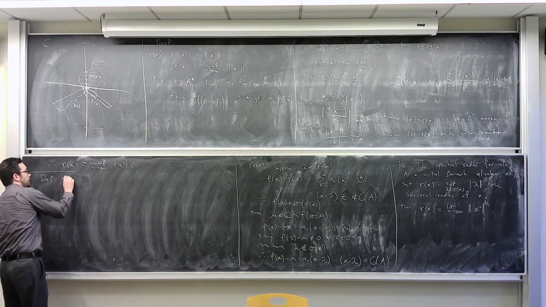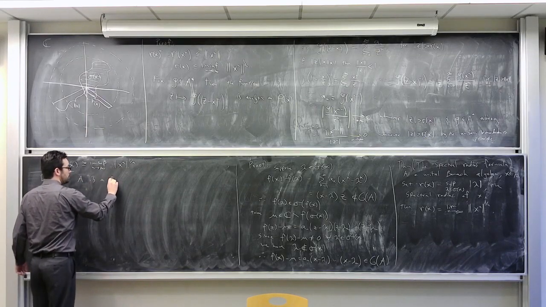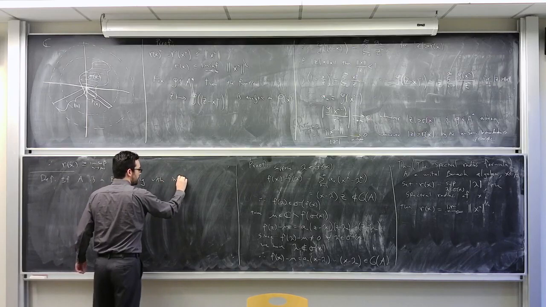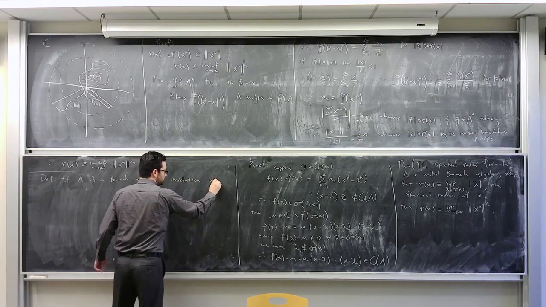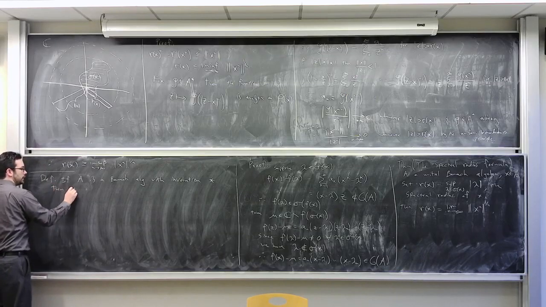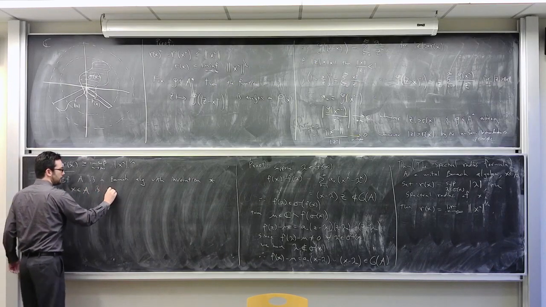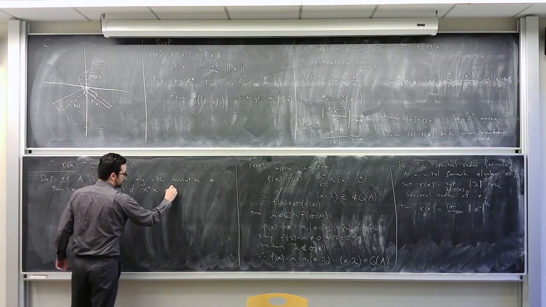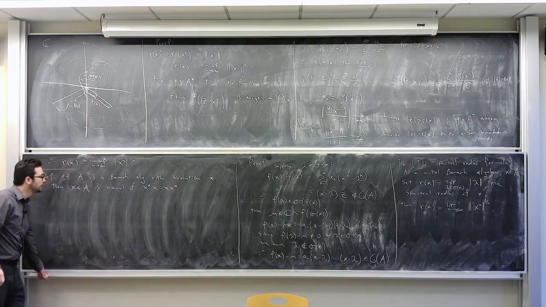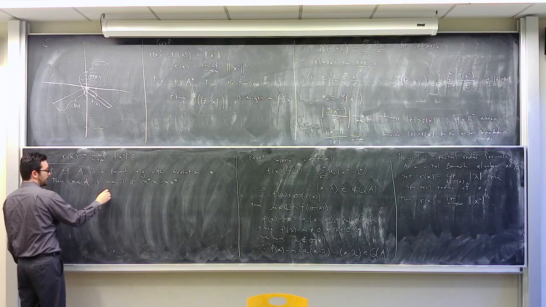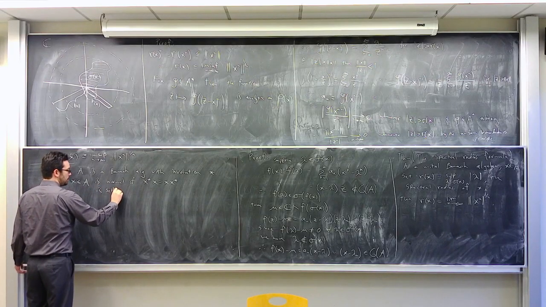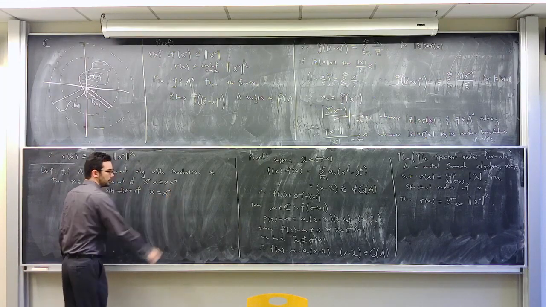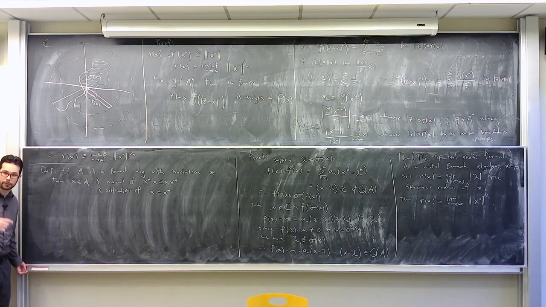So if A is a Banach algebra with involution, then x in A is normal if x star x is equal to x x star, so x and x star commute, and x in A is self-adjoint if it's actually equal to its adjoint. And obviously self-adjointness implies normality.